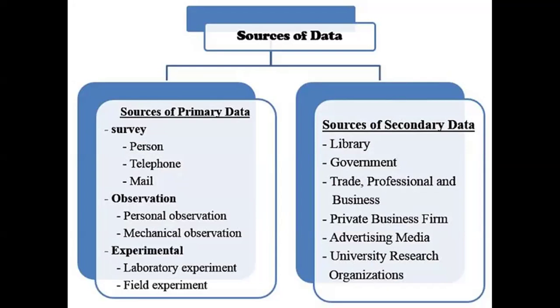The main concept is that that particular data is not primarily gathered for the sole purpose of your research. Secondary data either was gathered for general purposes or was gathered for some other kind of research.